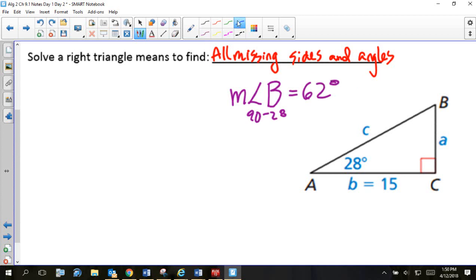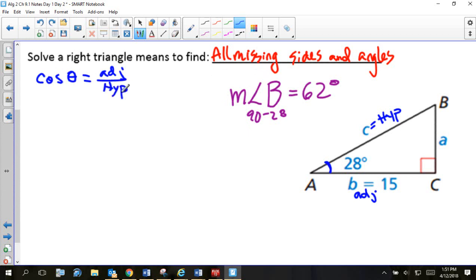My next answer is, which side do you want to find next? A or C? Okay, let's find C. C is the hypotenuse. And according to the given angle, which is 28, what other side do I have? Okay, the adjacent. So what uses adjacent and hypotenuse? Cosine of theta equals adjacent over hypotenuse. That's from SOHCAHTOA.